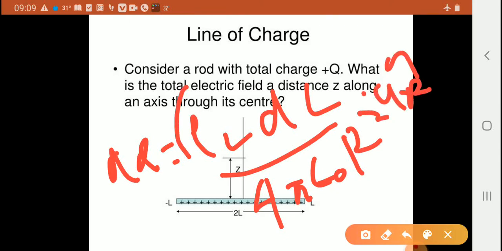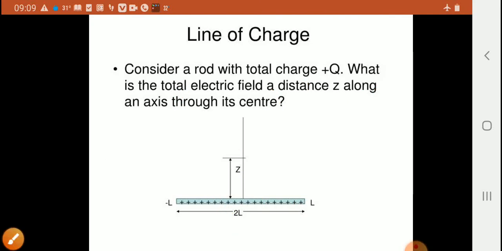This is the line integral. That gives the equation for the electrical field of a finite line charge.